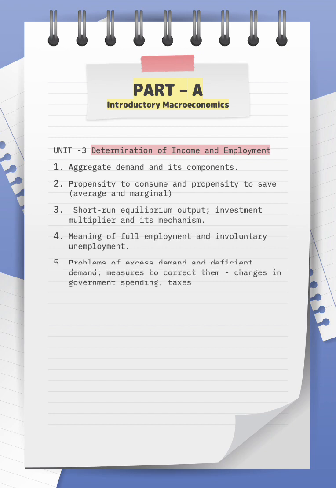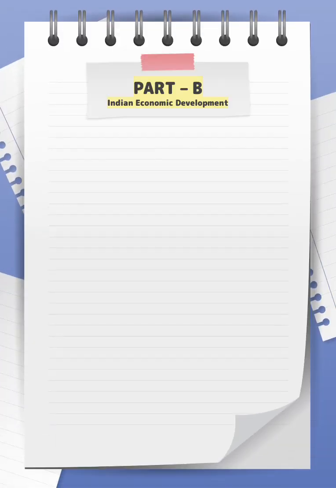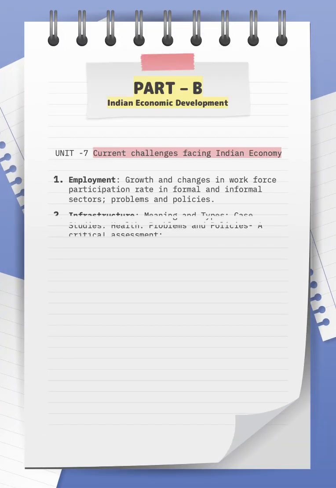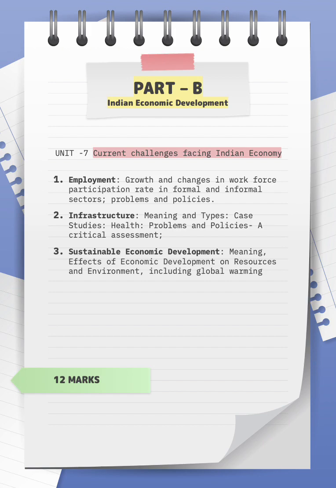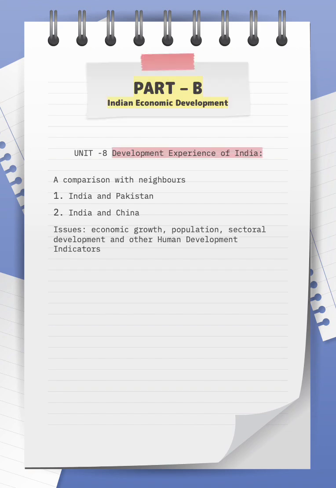The following topics need to be done. Please go through them. From Indian economic development, we have these following topics. They are individual chapters given in NCERT also. For the last unit from Indian economic development, we have these following topics. Now, about your 40 marks subjective paper.